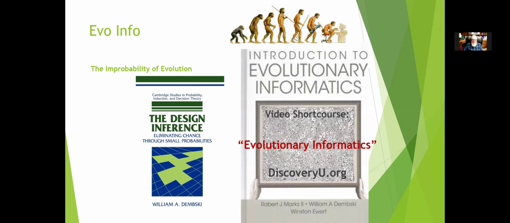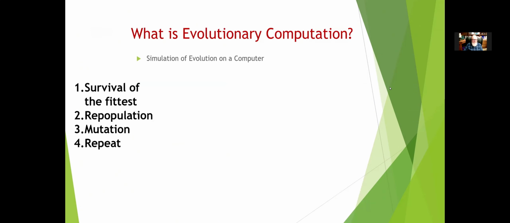I wrote with Bill Dembski and Winston Ewert a book called Introduction to Evolutionary Informatics. There is a short course available, with a link on the web. It's totally optional, but it's a nice short course on evolutionary informatics that covers the contents of the book. What is evolutionary informatics? It explores the information requirements in design in general, and specifically applies it to evolution.